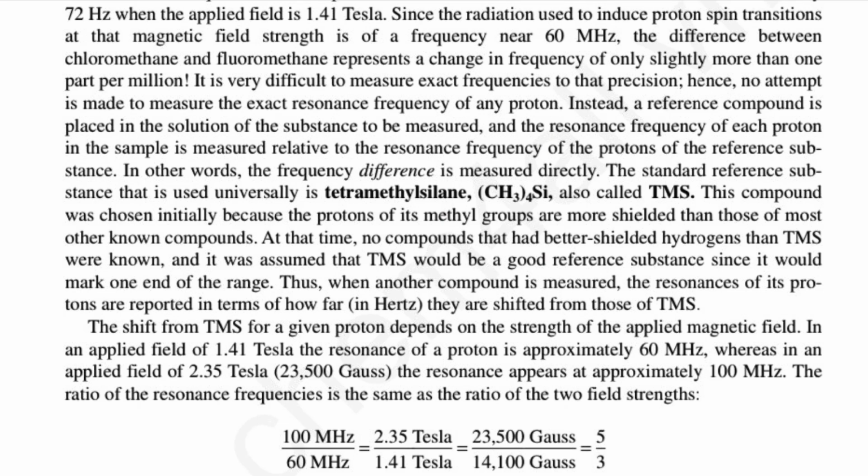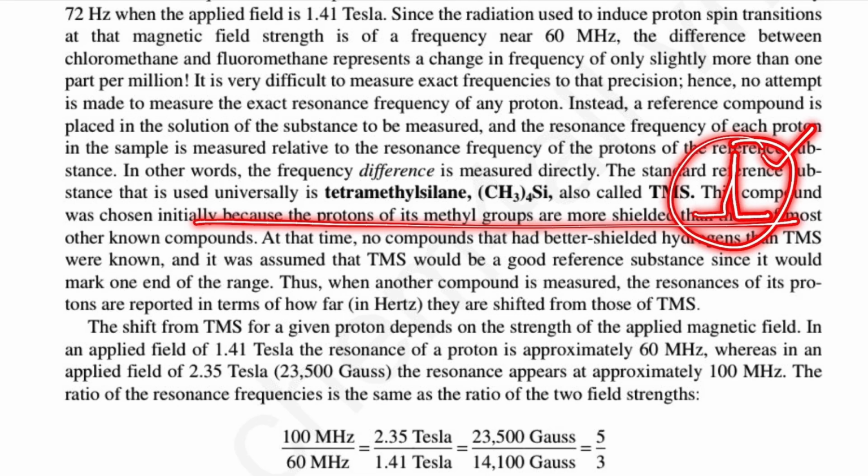And when the maximum number of electrons surround it, it causes the highest shielding environment. And if it causes the highest shielding environment, we need a very high magnetic field in order to flip its proton nuclei. As a result, in the spectrum its peak lies at one corner, at one side.